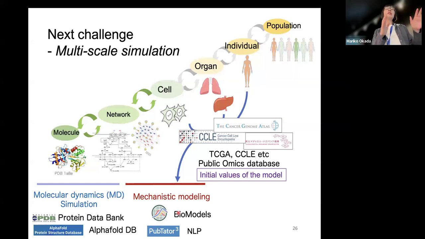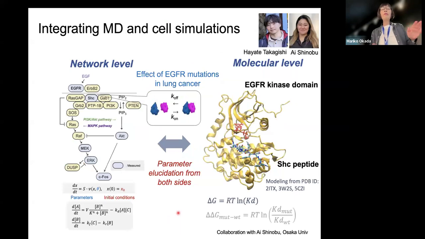So such a mutation can affect those network outputs. For example, EGFR has many mutations in lung cancer, and they may change the association with the other proteins in the network, and they may affect this one, going to the cell cycle and so on.